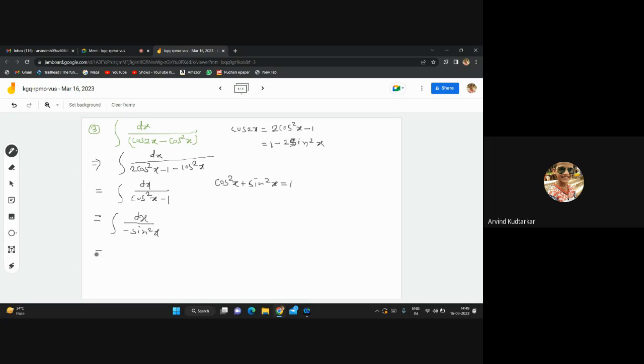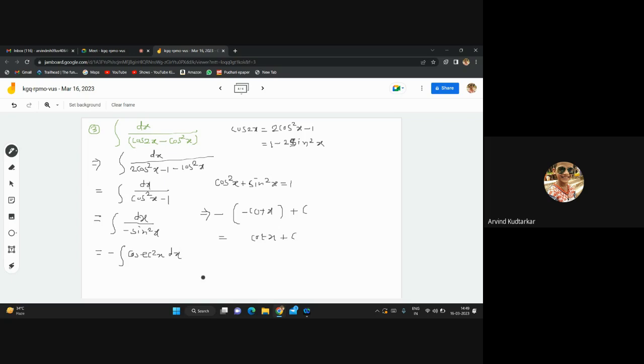Okay, so minus is a constant, take it outside. Integration of 1 by sin² is cosec² into dx. So that is equal to minus integration of cosec² x, which is minus cot of x, plus c. So minus minus plus cot of x plus c.